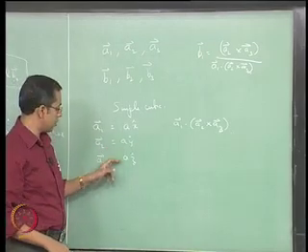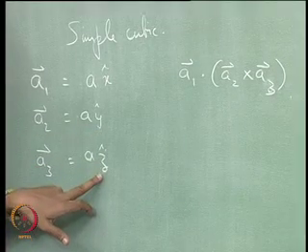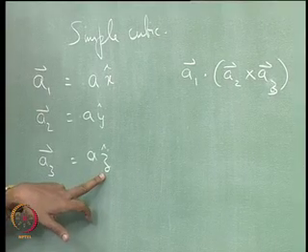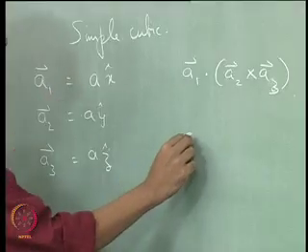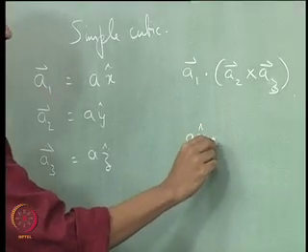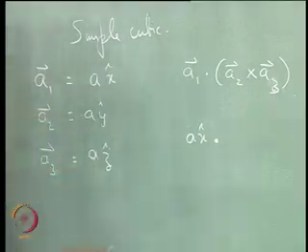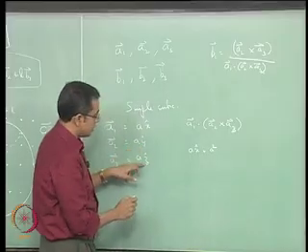A2 cross A3, it is y cross z, and y cross z is x, if you have a 3 coordinate system x y z. So A1 is still the same, A x cap dot A2 cross A3, we will pull out the 2 A's, so we get A square, and y cross z is x.